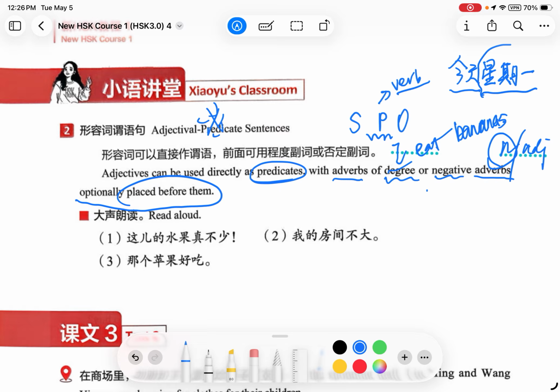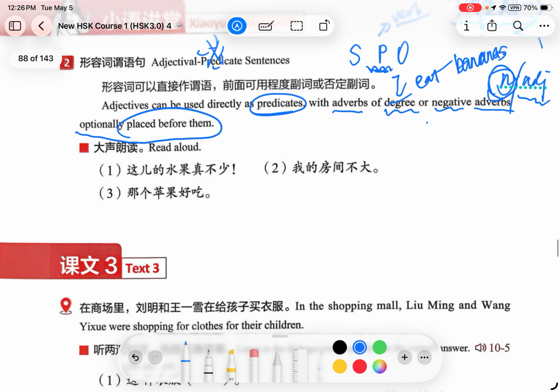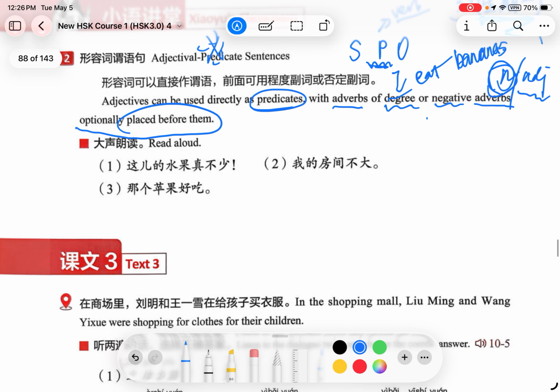So here Monday is a noun, but it's a predicate. We also can use adjective as predicate. So here's some examples. The first one is 这儿的水果真不少。这儿 here 水果 fruit 真 really is an adverb.